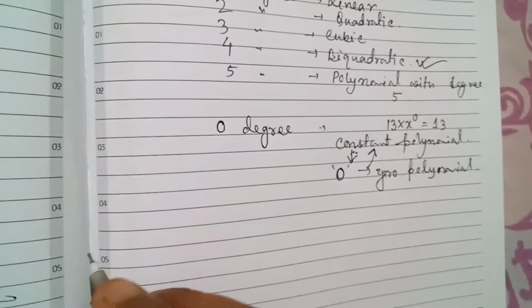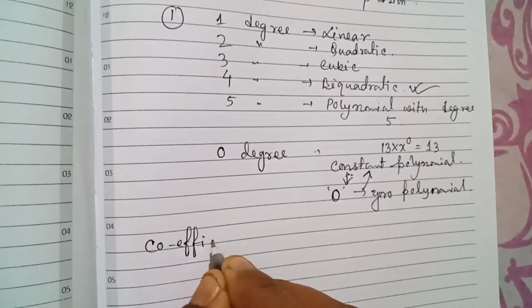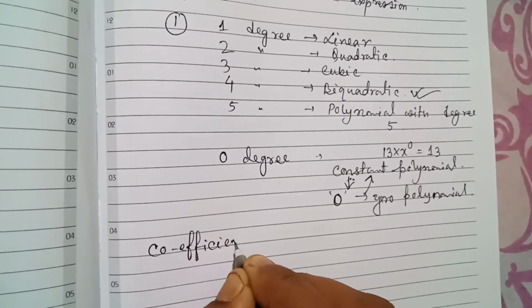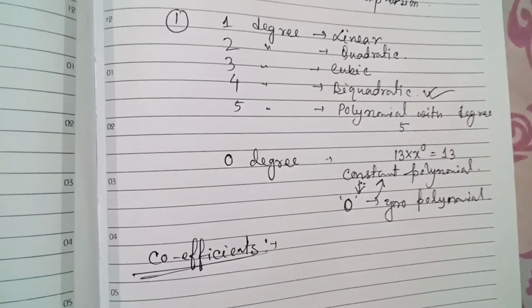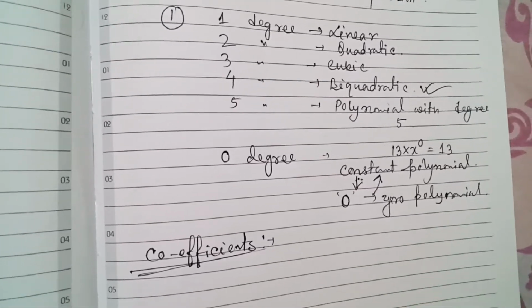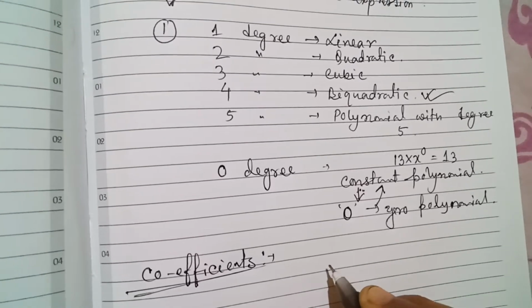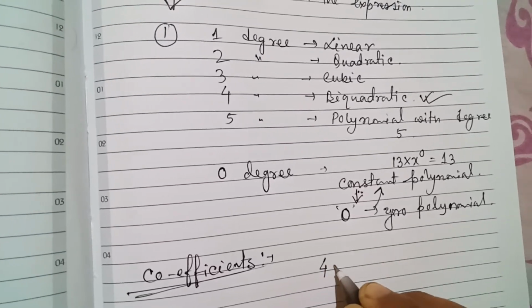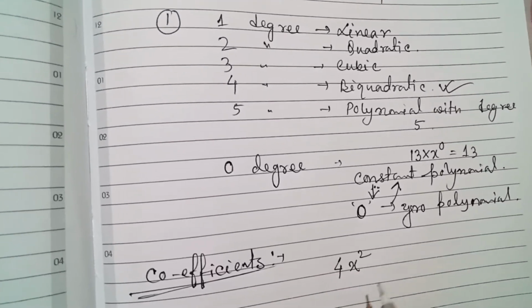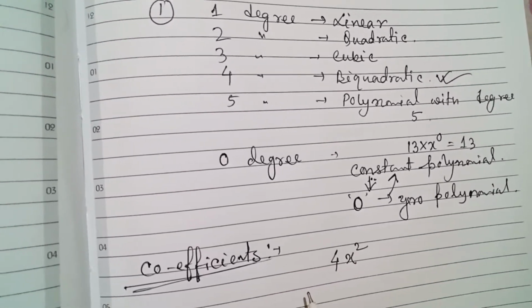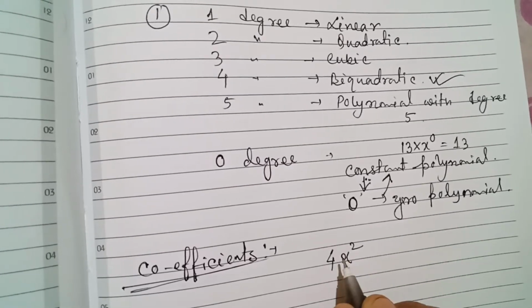Okay. Our next point is coefficients. What does it mean by coefficient of a variable? Think about a term of an algebraic expression. Suppose 4x square. And I'm asking you to find out the coefficient of x square in this term.